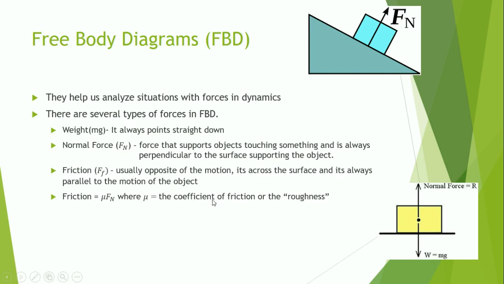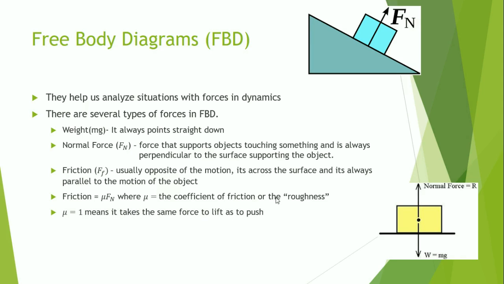Mu just means the coefficient of friction, or the roughness, as you can think about it. The greater the coefficient of friction, the more rough the surface is. And rough just means how hard it is to move across. It doesn't necessarily mean rough, but you can sort of think about it as the roughness.